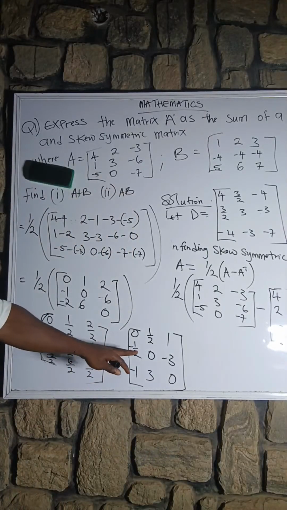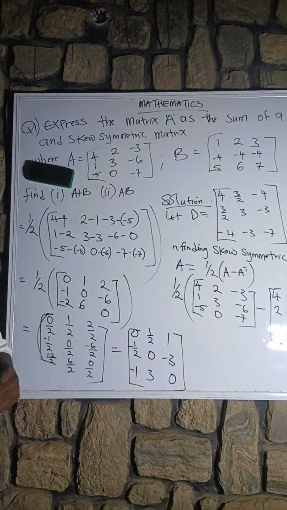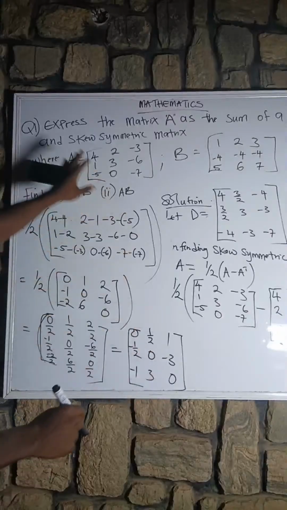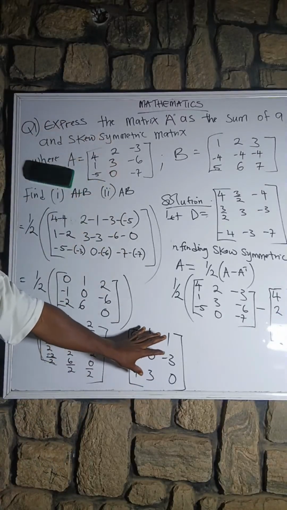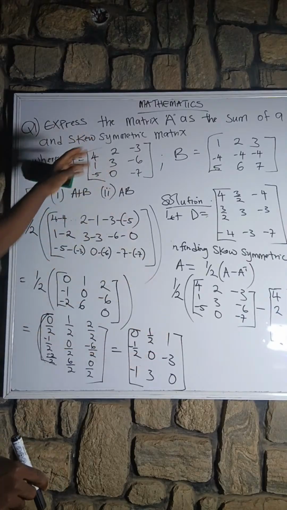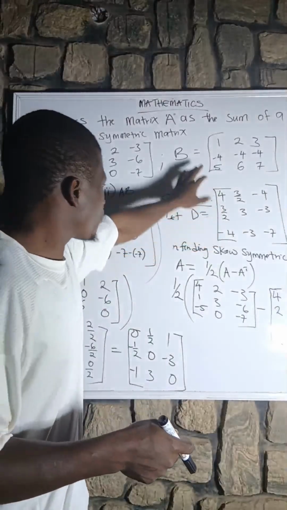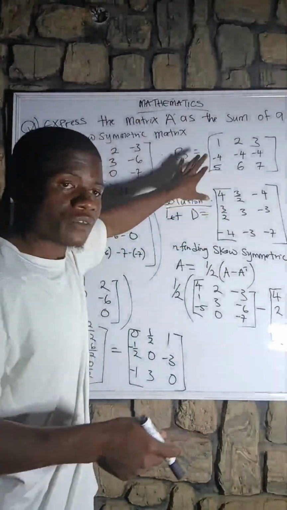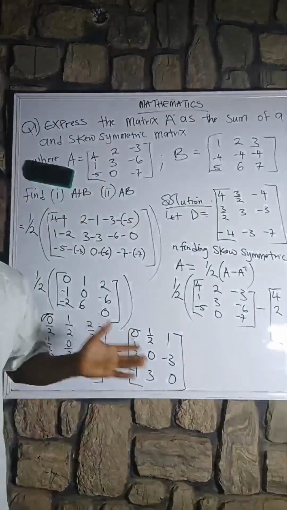So this is the answer for finding the skew symmetric matrix of matrix A. This is the skew symmetric matrix of matrix A. So we are going to name it like we named previously the solution of symmetric matrix of matrix A to be D. We are going to name this one to any alphabet.